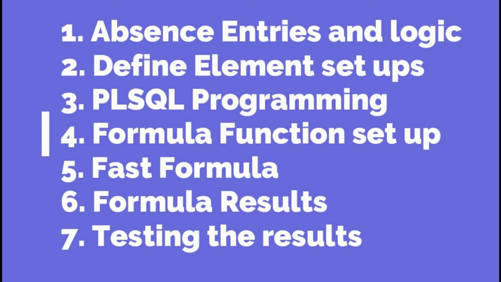It will call a formula function, which in turn will call the PLSQL, and PLSQL will finish all the logical calculations and bring the value back, and the fast formula will return the values, and the formula results will determine which value goes to which element. So in the next video, we are going to see how to assign the results of the fast formula to different elements.